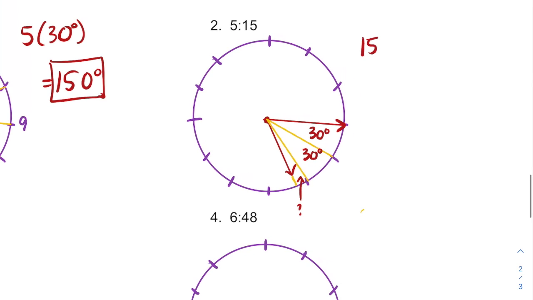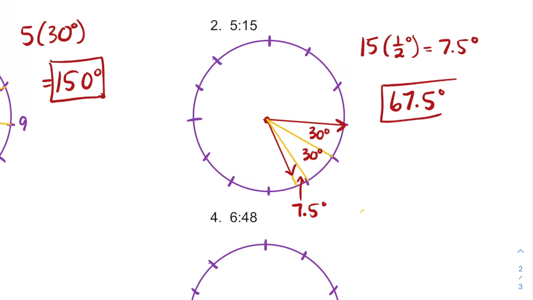So that means 15 minutes have gone by, half a degree for each one. That gives us 7.5 degrees. So this angle is 7.5 degrees. And then adding everything up, putting everything together, this gives us 67.5 degrees for this angle.